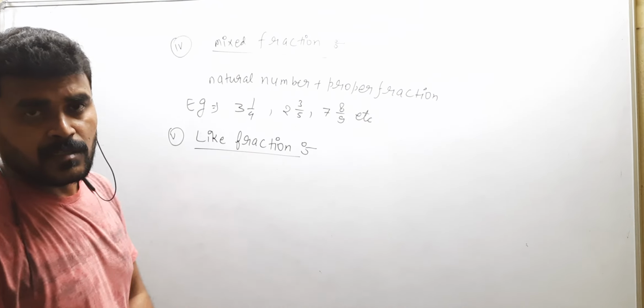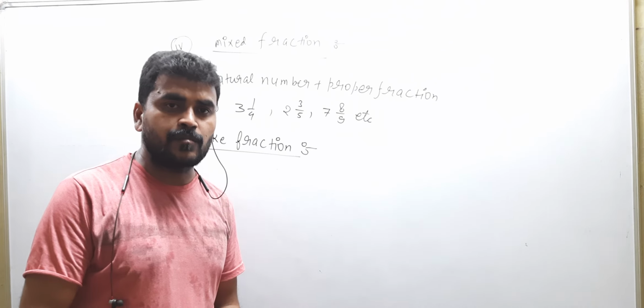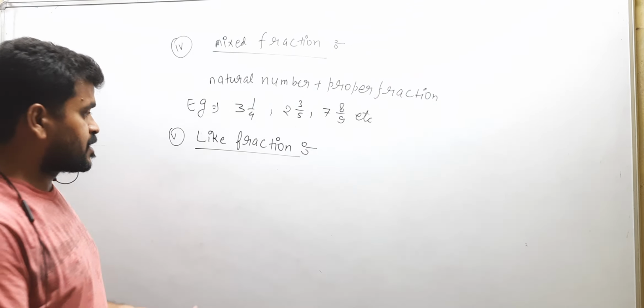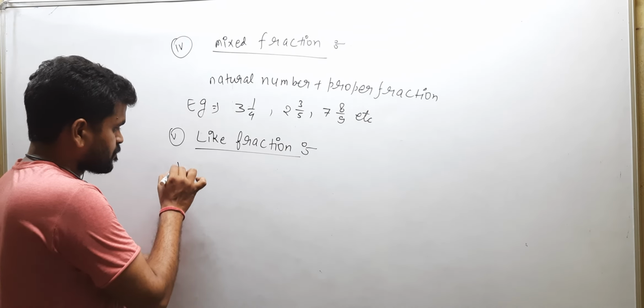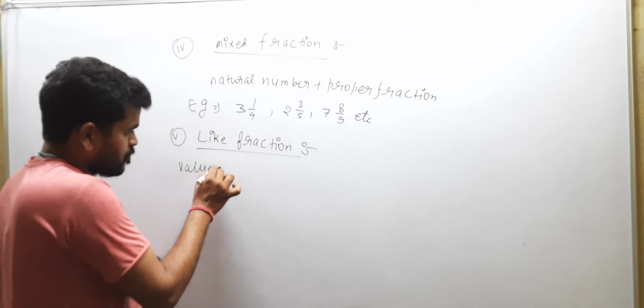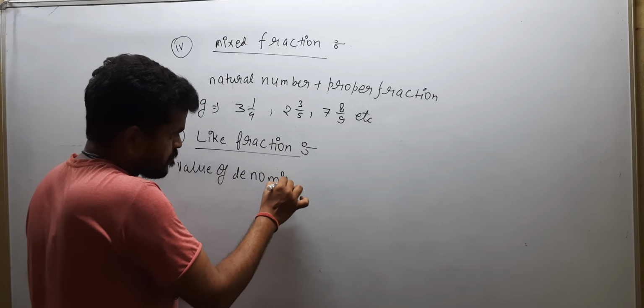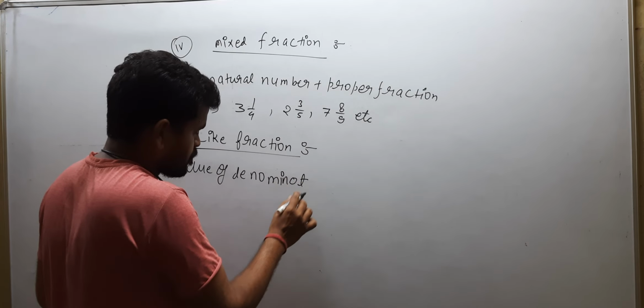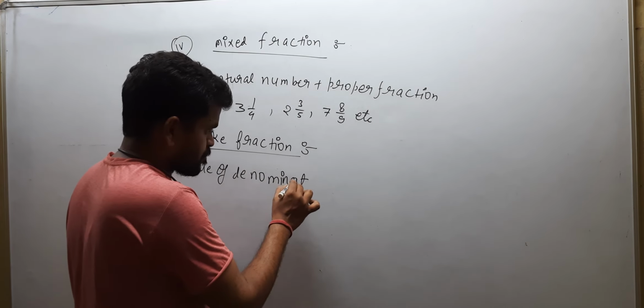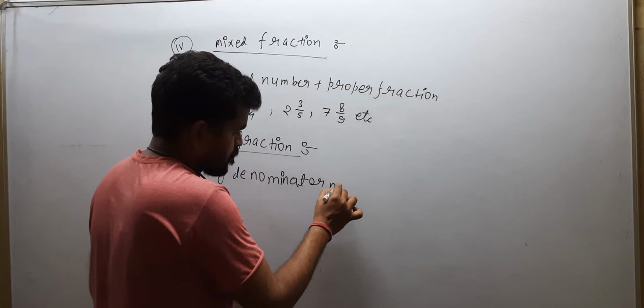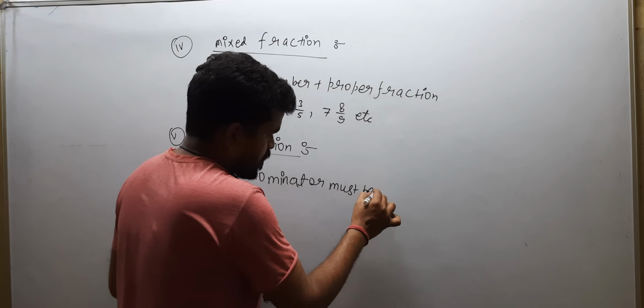The fraction in which the value of the denominator is always the same, but the value of the numerator may be different. For example, the value of the denominator must be the same.